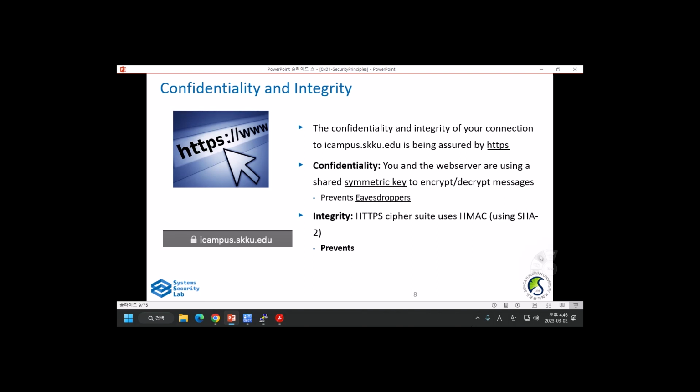So by default, modern web browsers refuse connecting to plain HTTP websites, or you get some kind of warning here. So instead of the lock icon, I think you get the triangular warning sign here. So that's what it means. That means your message to that website is not encrypted, or it can be modified.